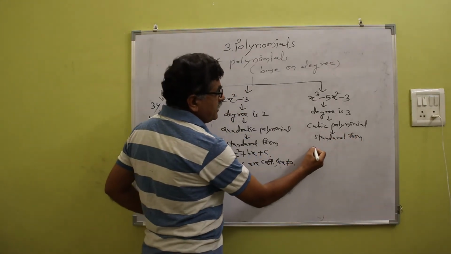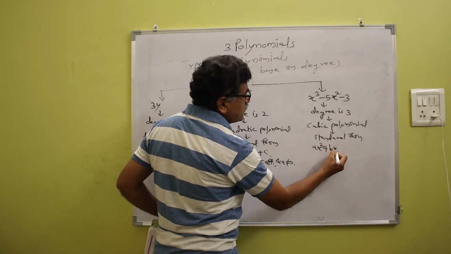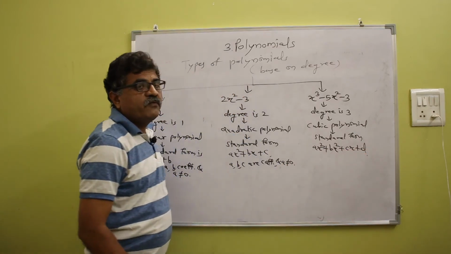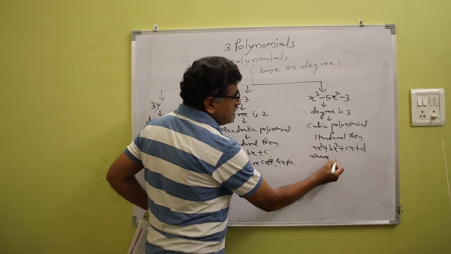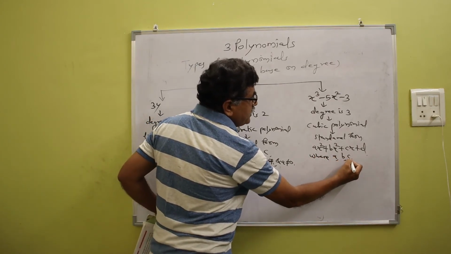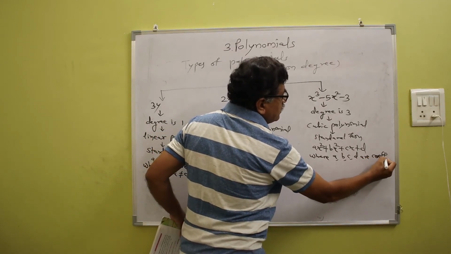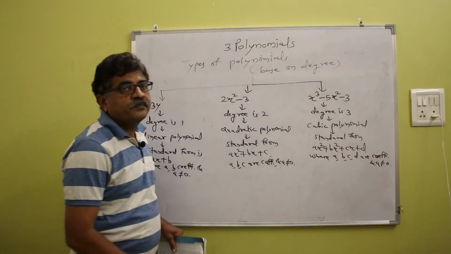Its standard form is ax cube plus bx square plus cx plus d, where a, b, c, d are coefficients and a is not equal to 0.